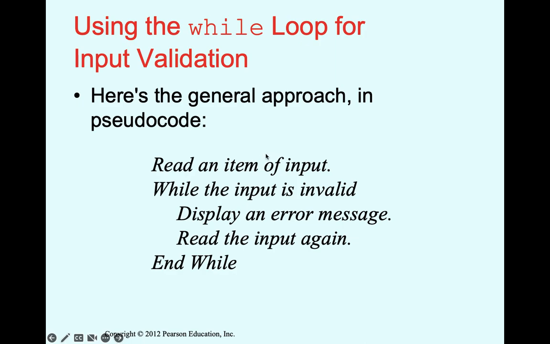How can we do that? We read one item from the input, we ask the user for input. While the input is not valid, we show an error message and we ask the user again to re-input the value and repeat. So we repeat till the user enters a correct value, then we go out of the loop.